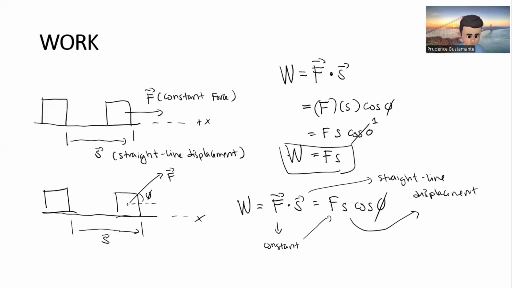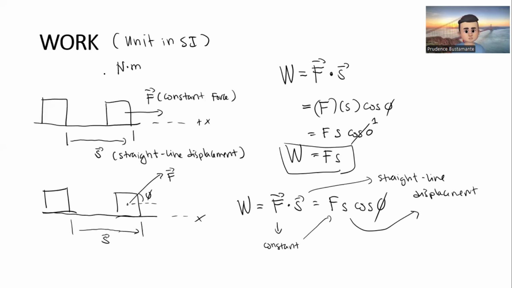Okay. What is the unit of work? The unit in SI. So we have force, we have F. Since we have this one force, the unit, they have meter, so Newton meter.